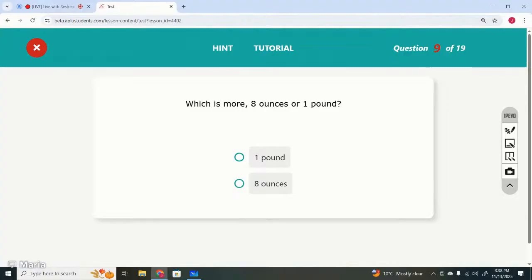Which is more, 8 ounces or 1 pound? 1 pound equals 16 ounces. Option number 1 is the correct option. That is 1 pound.